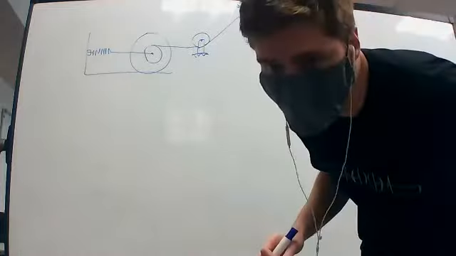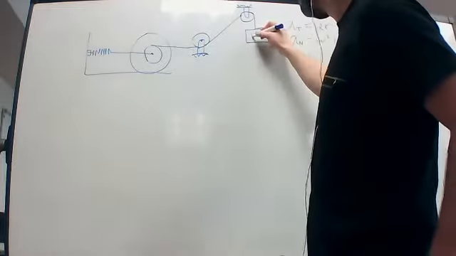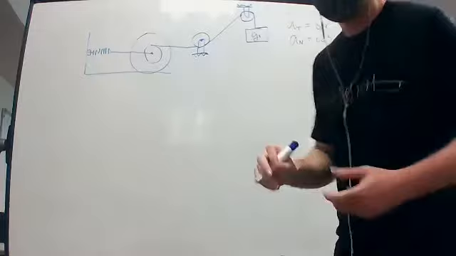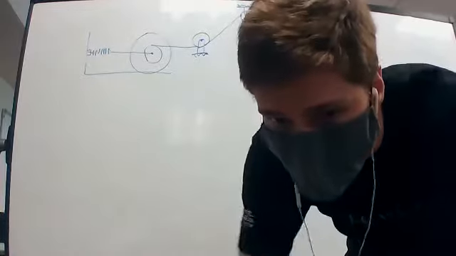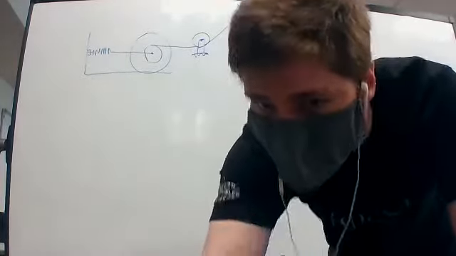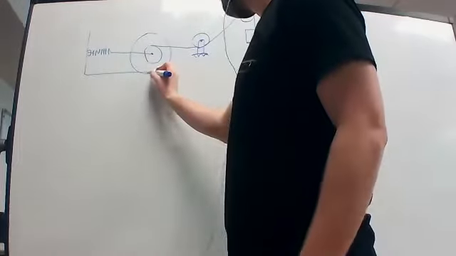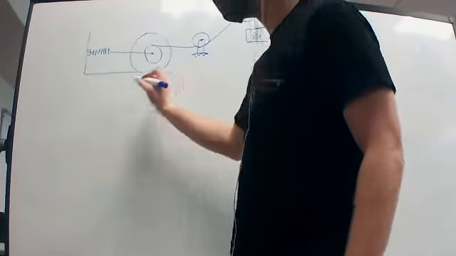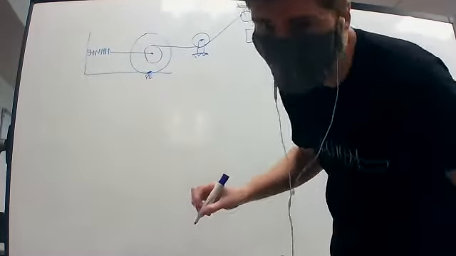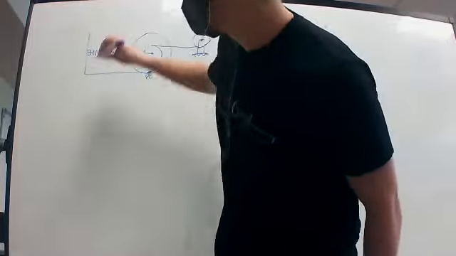This is labeled as G2. We have the point of contact down here. We have an initially unstretched spring.